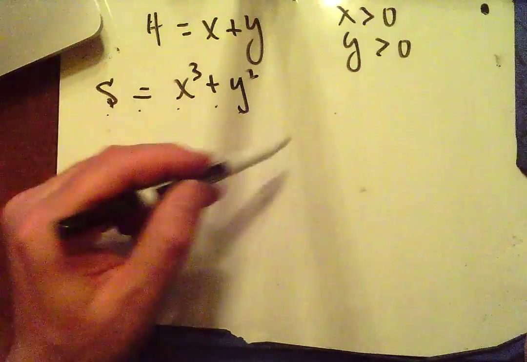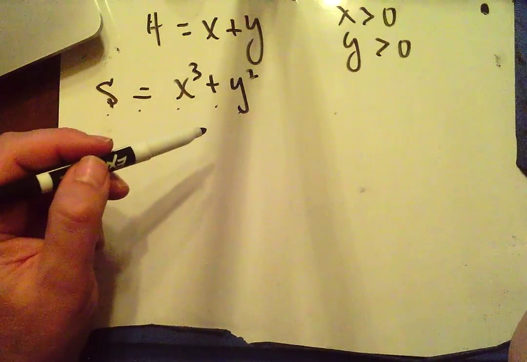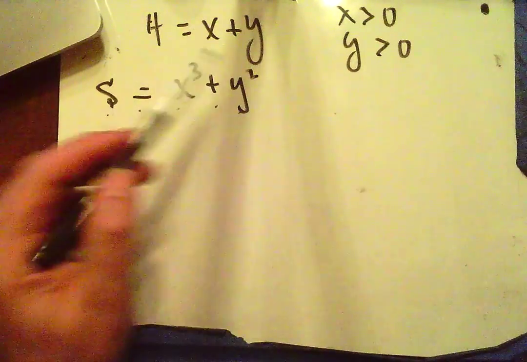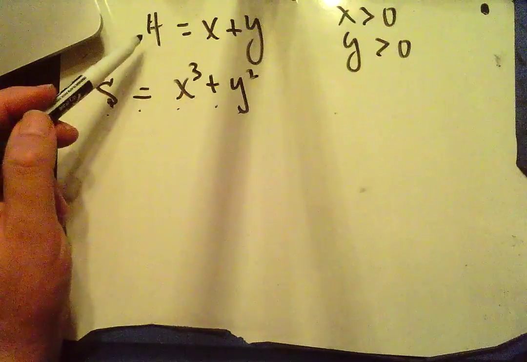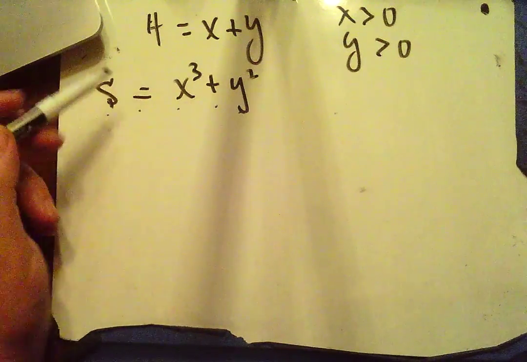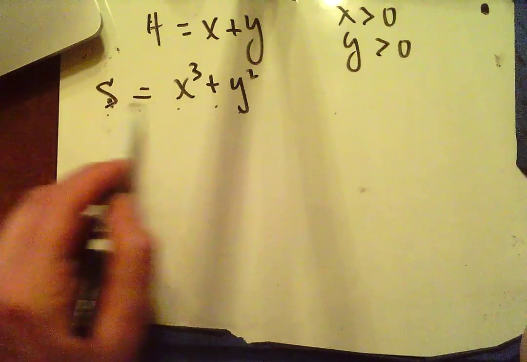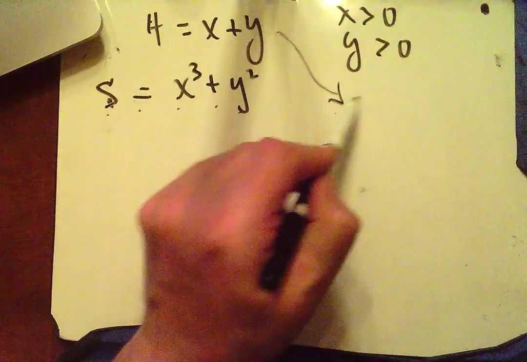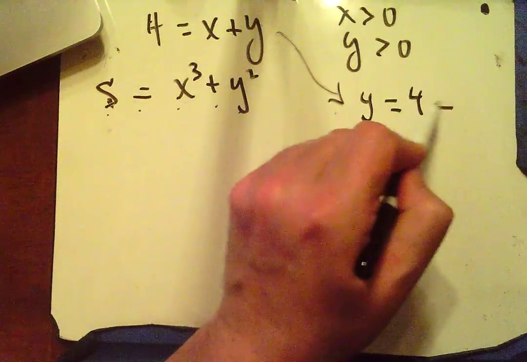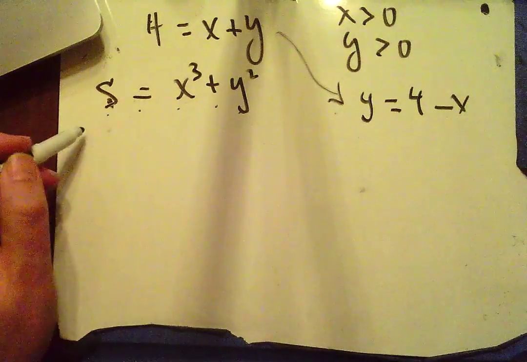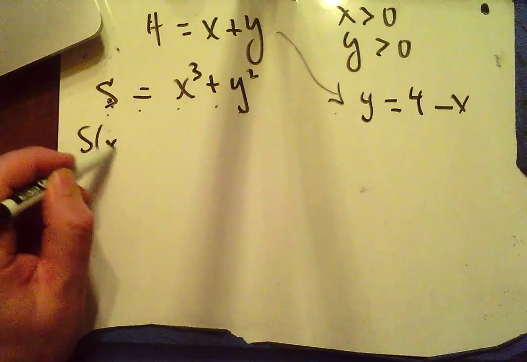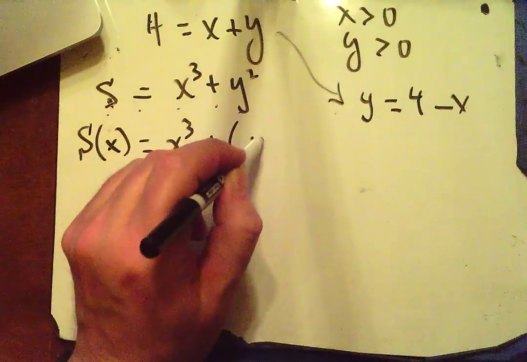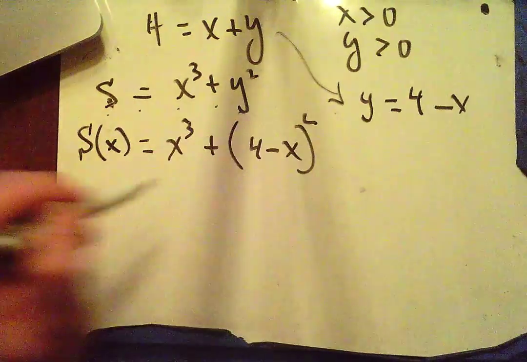Well, again, I'm going to need to take the derivative of this and set the derivative equal to 0. I want to be considering my endpoints, and I really want this sum formula to be in terms of one variable. So luckily, I can say that y equals 4 minus x. So I come over here and I can write the sum as a function of x: x cubed plus (4 minus x) squared.